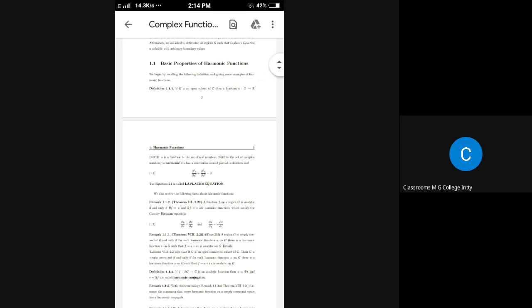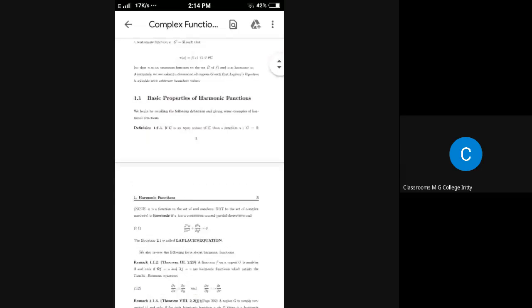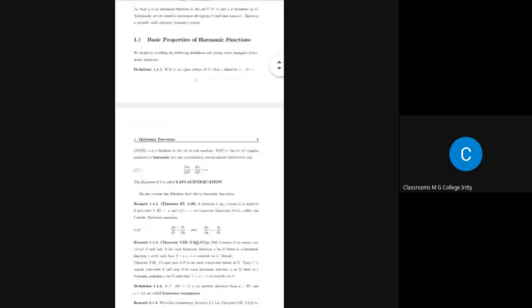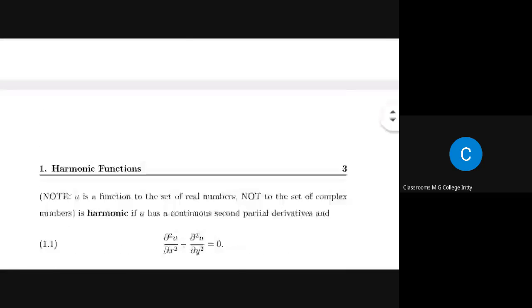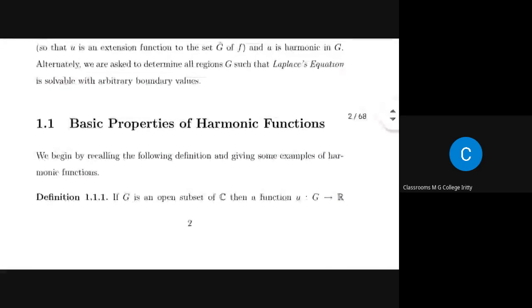Sir, is it visible? Yes, this is visible, but if you put your mobile phone in a horizontal position, that will be good, I think. Okay, sir. Okay, very good.